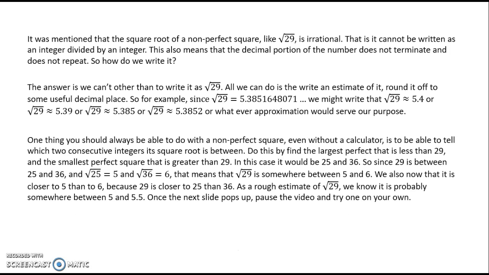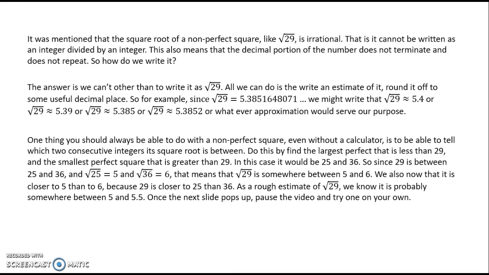One thing you should always be able to do with a non-perfect square, even without a calculator, is to be able to tell which two consecutive integers its square root is between. To do this, find the largest perfect square that's less than 29 and the smallest perfect square that is greater than 29.